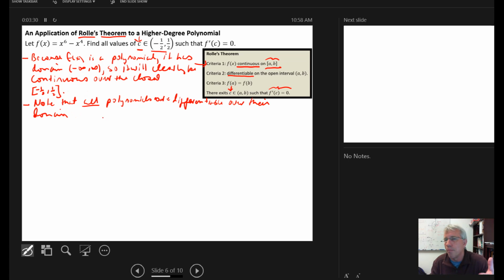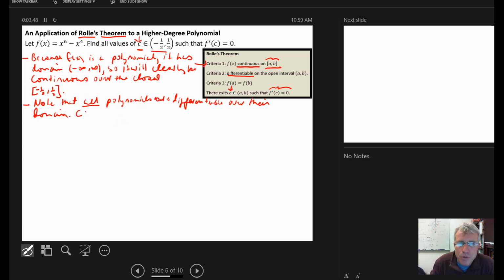Nothing's going to matter. We're only going to apply 2 rules, the constant multiple rule to take derivatives and the power rule to take derivatives, and that's all we need. And we aren't going to get anything that's undefined or have a division by 0 or have to take the square root of a negative. Nothing bad happens with polynomials.